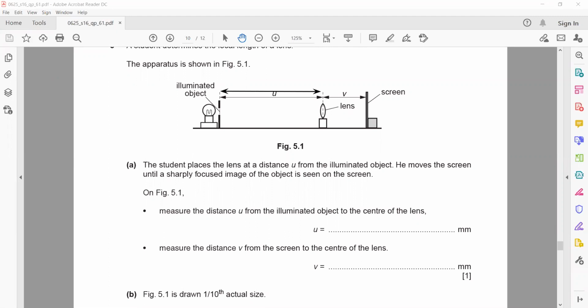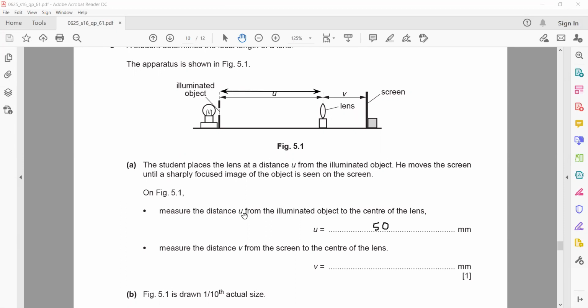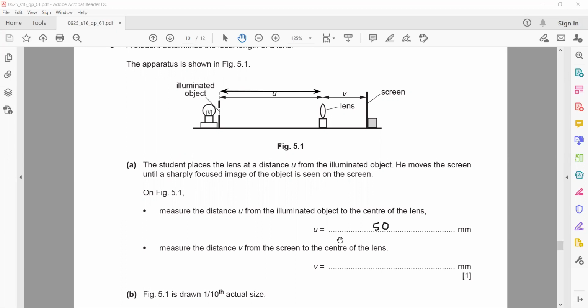But in the exam you will use your ruler or a scale to measure this distance, which will be approximately 50 millimeter. 5 centimeter or 50 millimeter. I'm just using approximation. I'm not measuring it, I'm just mentioning accordingly.